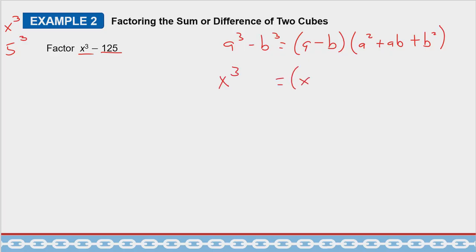And in my original over here, what is getting cubed to make the 125? Well, 5 is getting cubed. So anywhere over here I see a b, I'm going to put a 5. A little awkward there on the x times 5, but we can clean that up at the end.